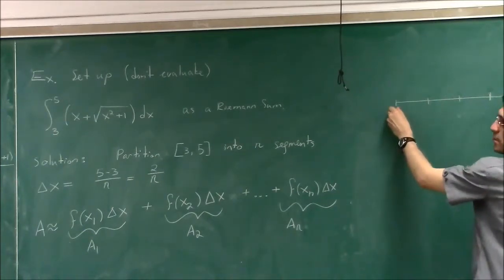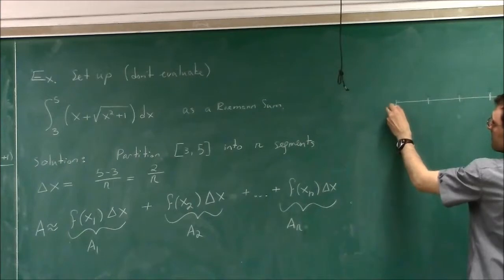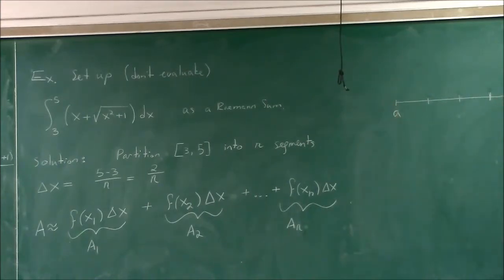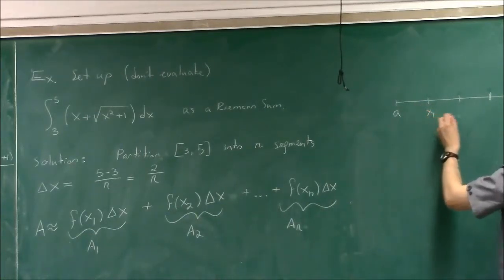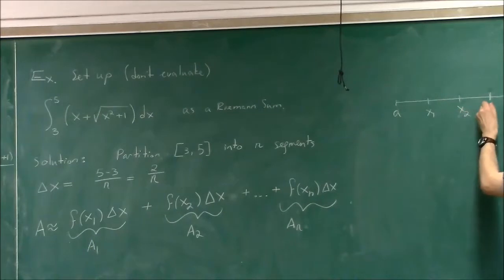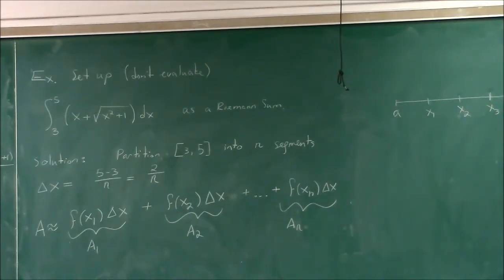So this point is what? A. Okay? This point is A. This point is x1. This is x2. This is x3, x4, and so on and so forth.